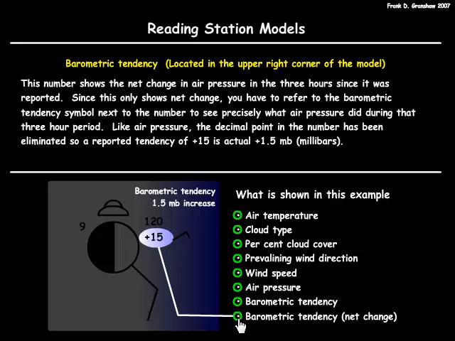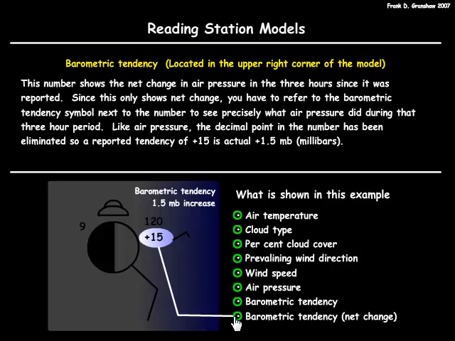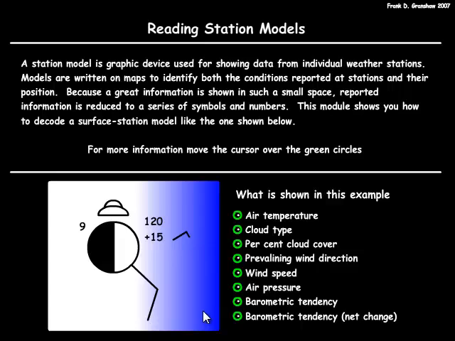You would add a decimal place in there and it would be 10.0. So two things you're going to have to adjust in your station models anytime they're reported: the air pressure and the pressure change. So please let me know if you have questions.